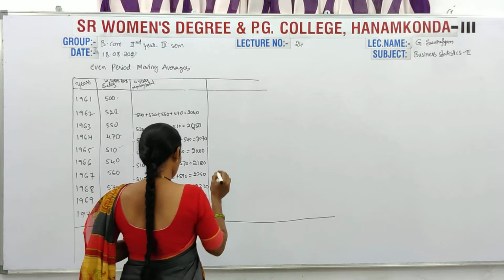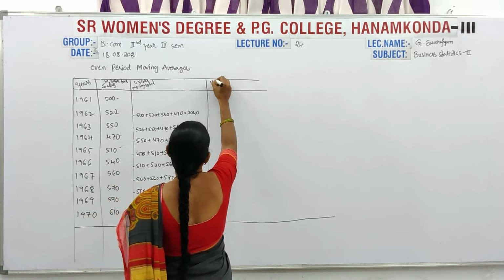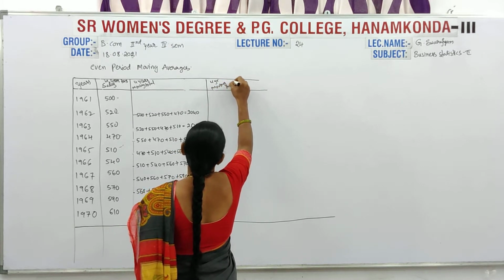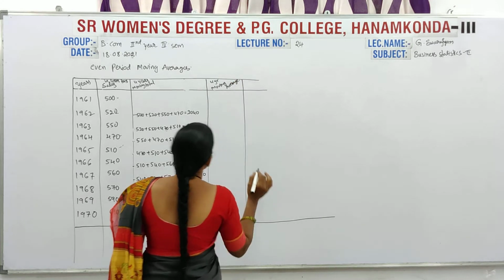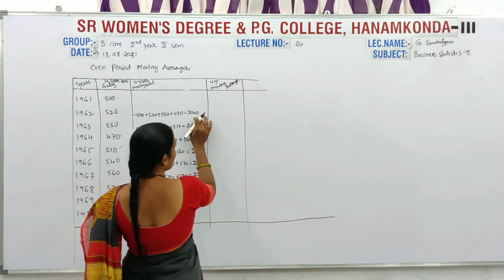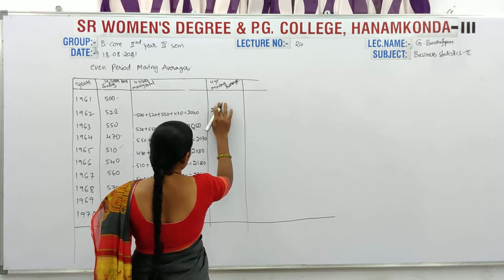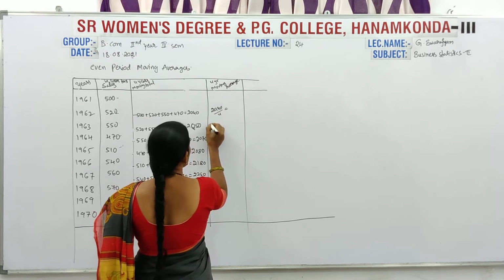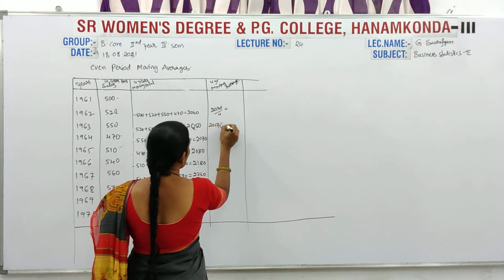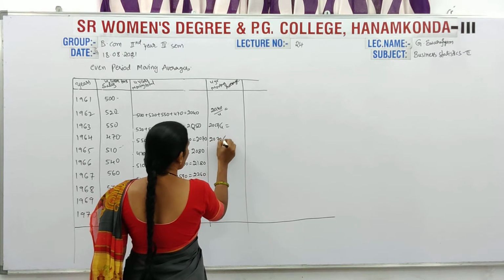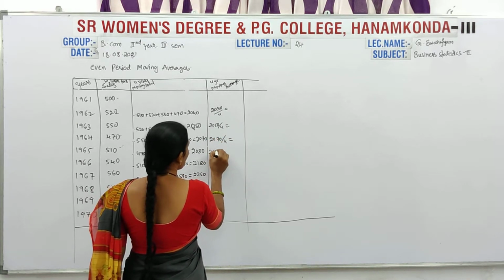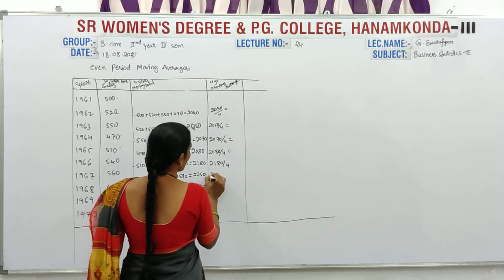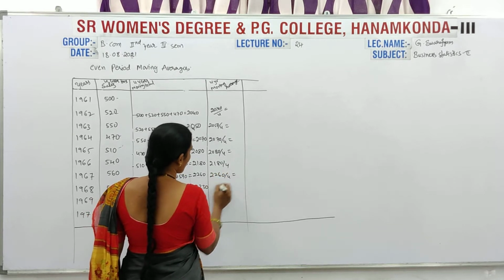So next, the 4 years moving average. Here the 4 years total is divided by 4. So 2040 divided by 4, 2050 divided by 4, 2070 divided by 4, 2080 divided by 4, 2180 divided by 4, 2260 divided by 4, 2330 divided by 4.